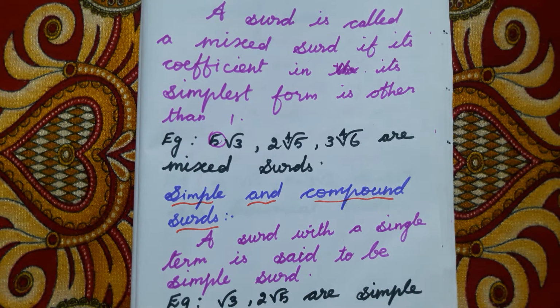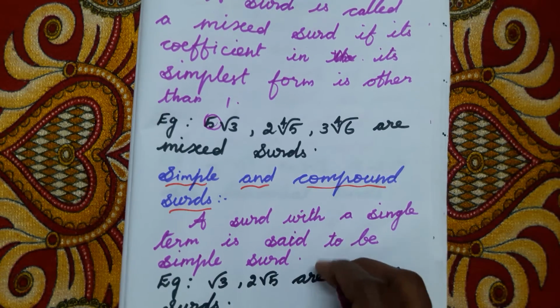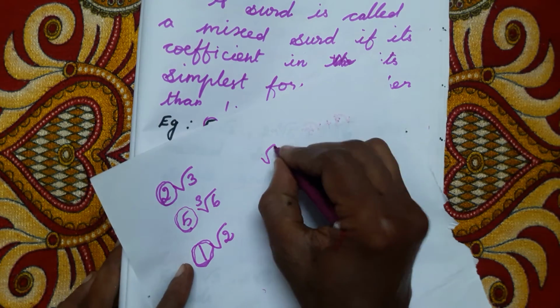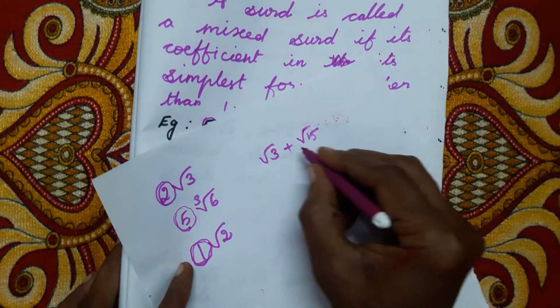Next, simple and compound surds. A surd with a single term is said to be a simple surd. For example, what is a term? Root 3 plus root 5: here how many terms are there? 2 terms.